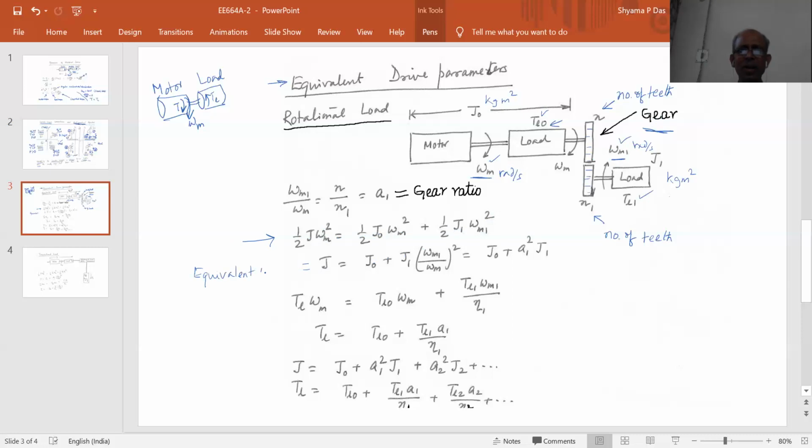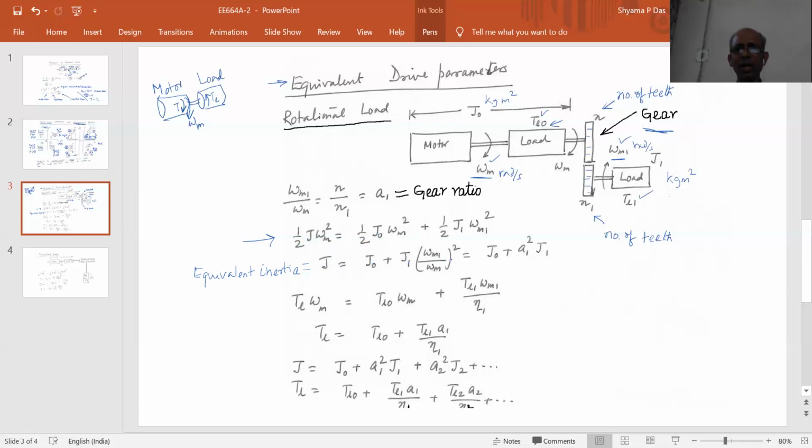We're trying to find the equivalent drive parameter. So the equivalent inertia J is equal to, if I divide by omega m square on the right hand side, and the half gets cancelled, J naught plus J1 times omega m1 by omega m, squared.